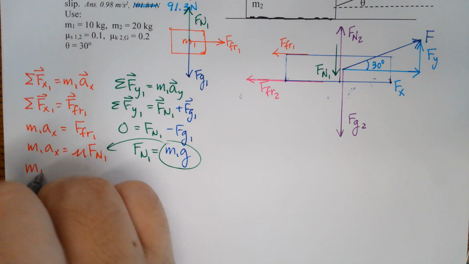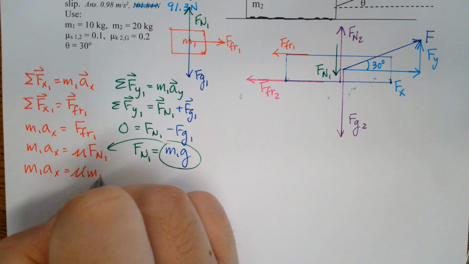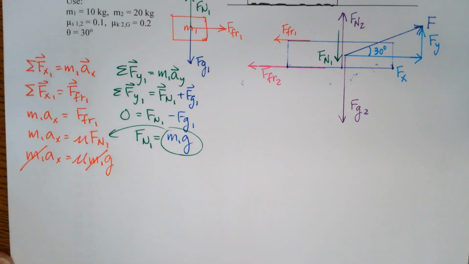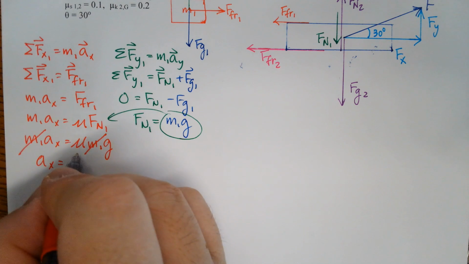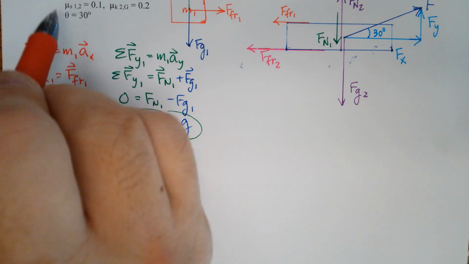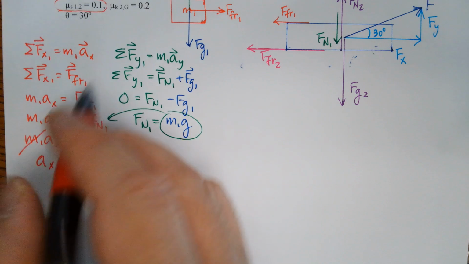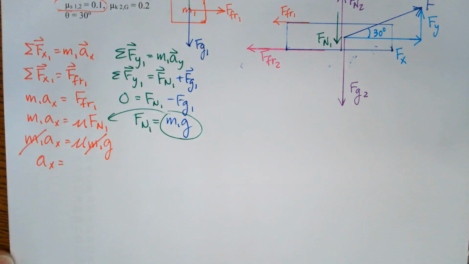So my m1ax is equal to mu times m1g. And guess what? My mass 1's cancel out, and my a sub x is equal to mu times g. This mu is mu static 1 on 2, right?